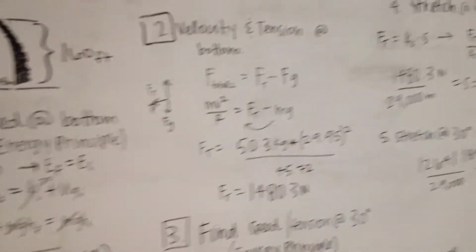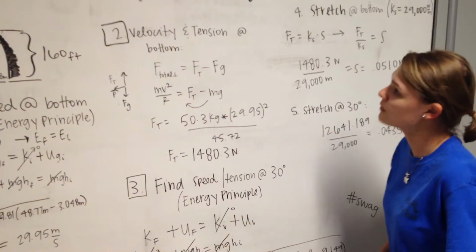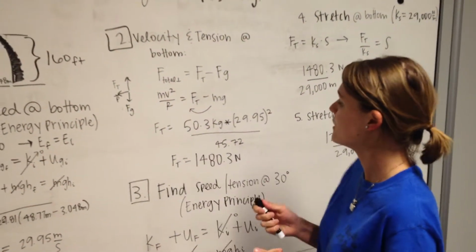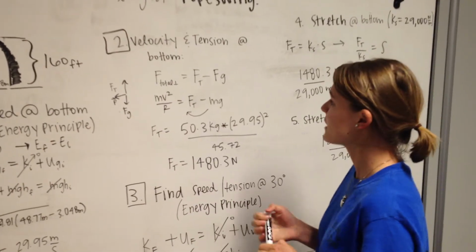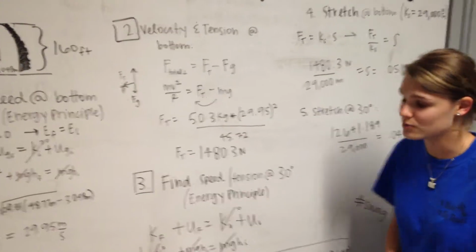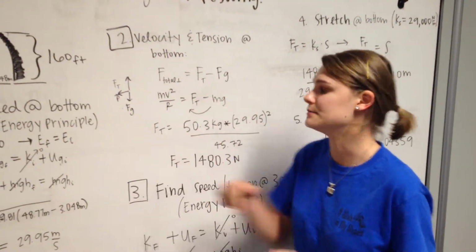The second thing we want to calculate is the tension at the bottom. So when our velocity is 29.95, what is our tension? I'm going to use my mass, which is 50.3 kilograms, within this calculation. So we know that the total force equals the force of tension minus the force of gravity at the bottom.